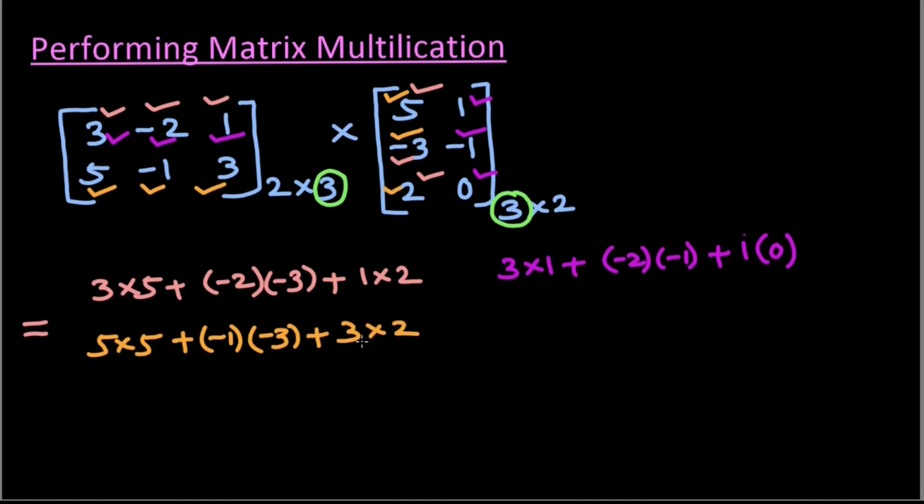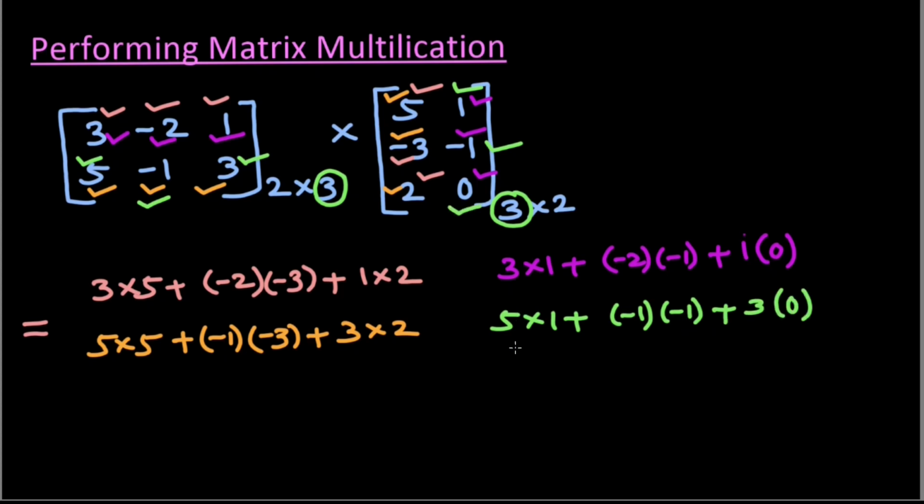So that forms the third element of the resulting matrix. And finally, we will multiply the second column of the post matrix by the second row of the pre matrix. So it will be 5 multiplied by 1 plus minus 1 multiplied by minus 1 plus 3 multiplied by 0. So that forms the fourth element of the resulting matrix.